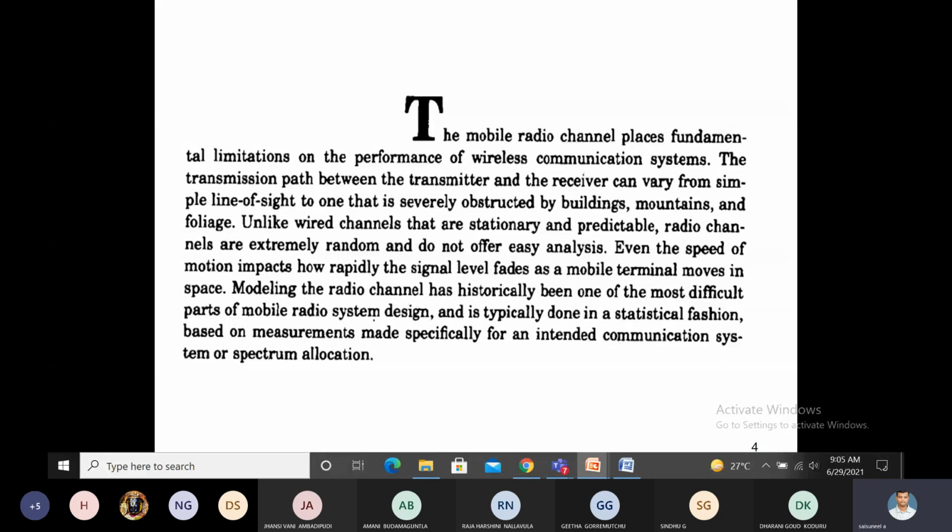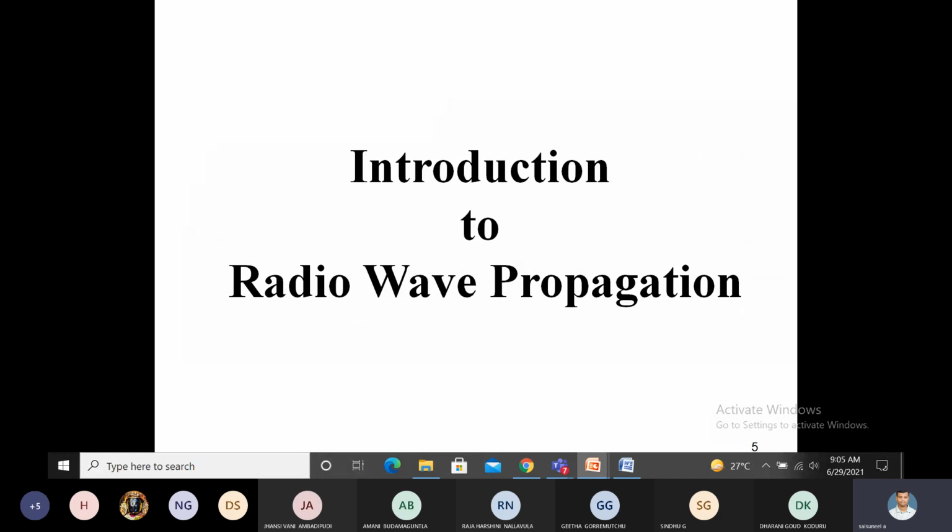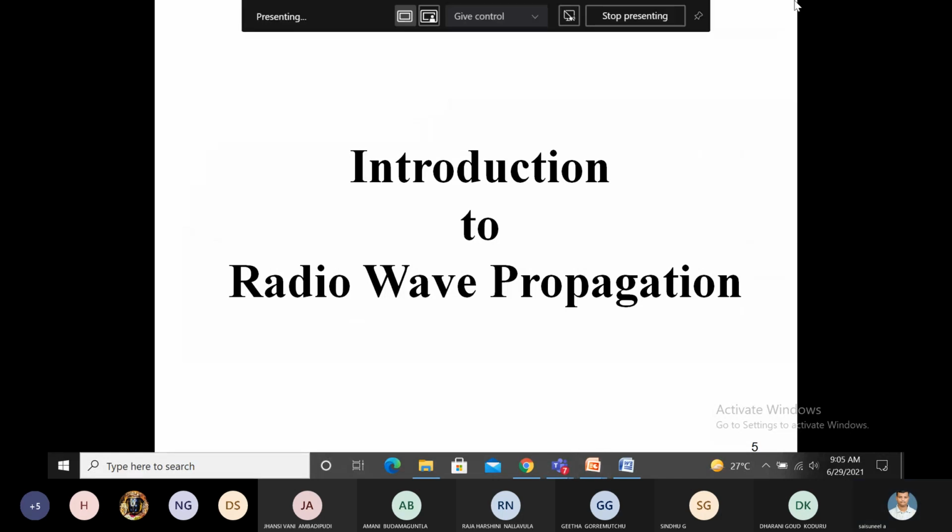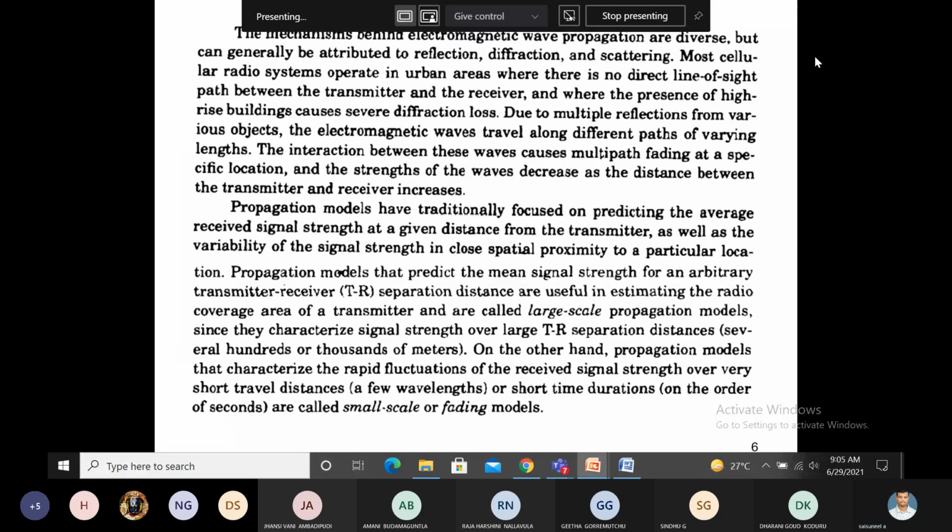First of all, we are going for the introduction to radio wave propagation. Here, the mechanism behind electromagnetic wave propagation is diverse. Any signal is electromagnetic in nature.